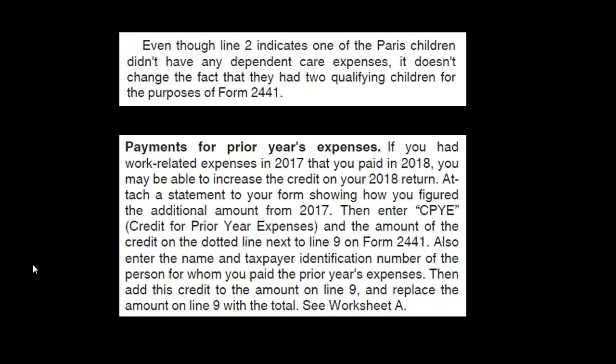Also enter the name and taxpayer identification number of the person for whom you paid the prior year's expenses. Then add this credit to the amount on line 9 and replace the amount on line 9 with the total. See worksheet A.